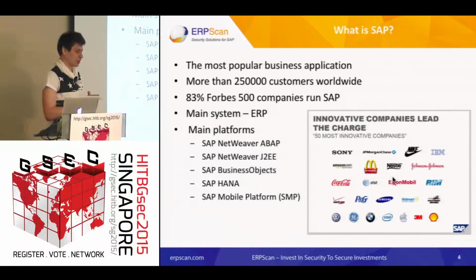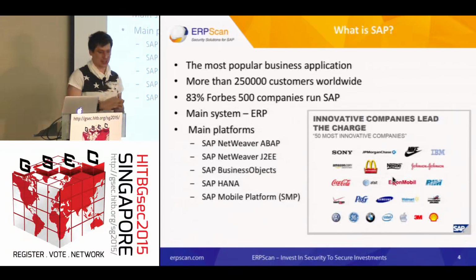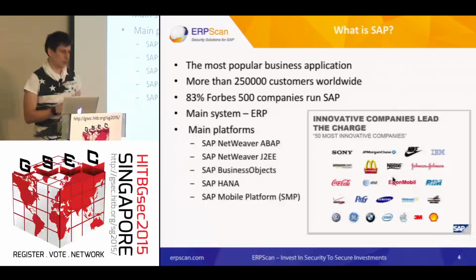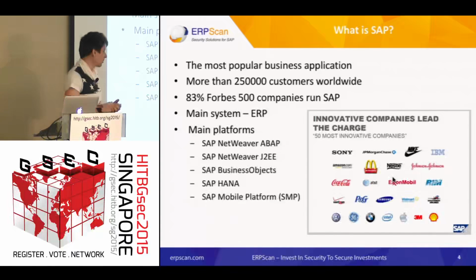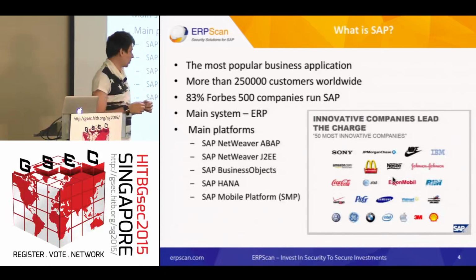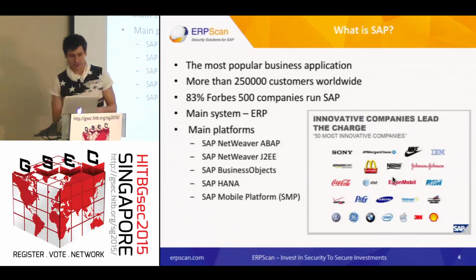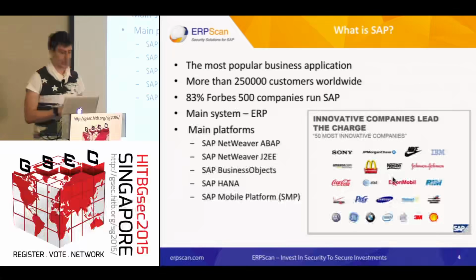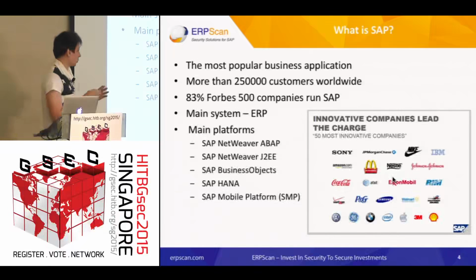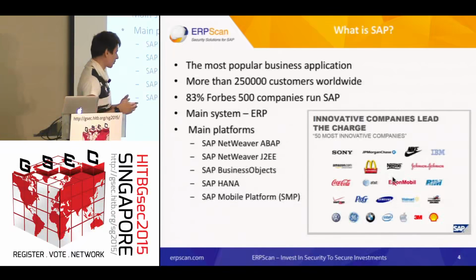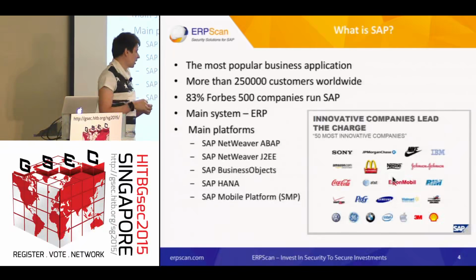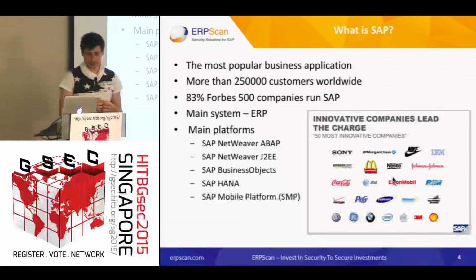A lot of different international companies use SAP as an ERP system for their work. On the slide, you can see a lot of well-known logos of different companies. All these companies use SAP for their business processes.